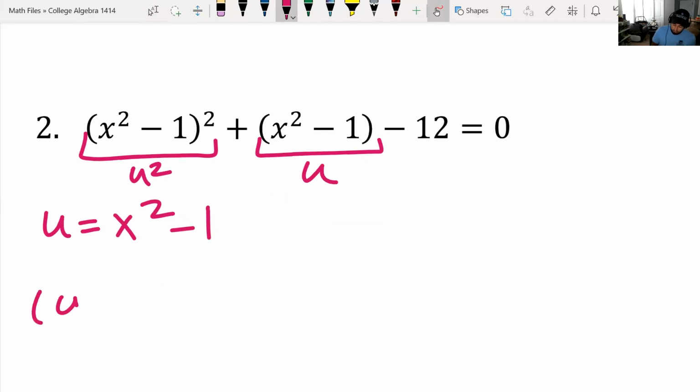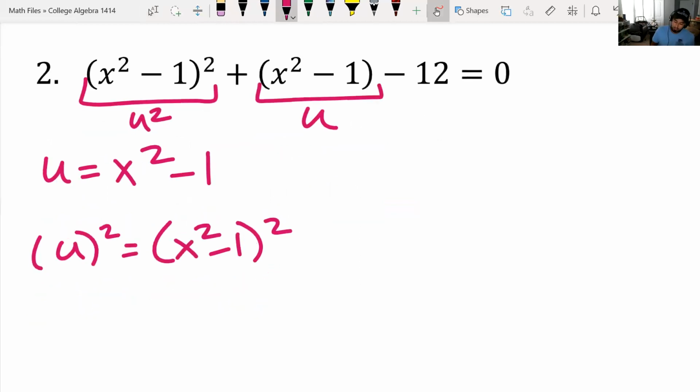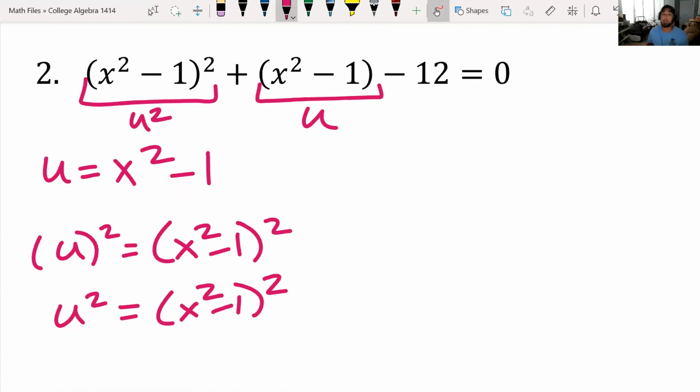You'll square both sides of this, and you'll get U squared equals x squared minus 1 squared, which covers that leading term, which puts it into a quadratic form.